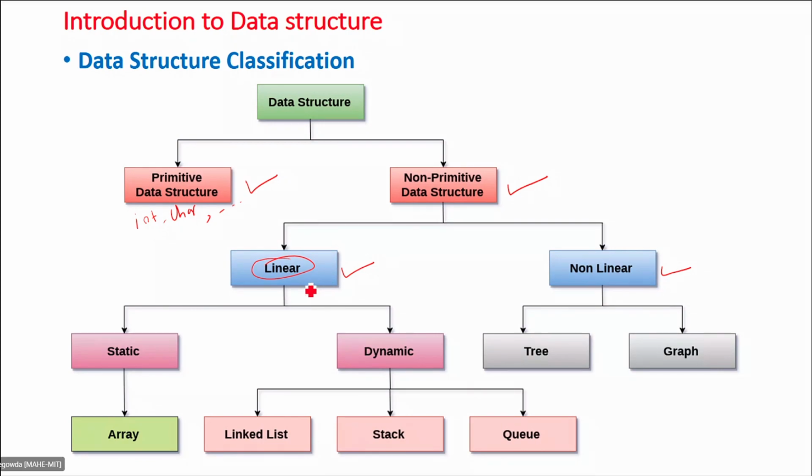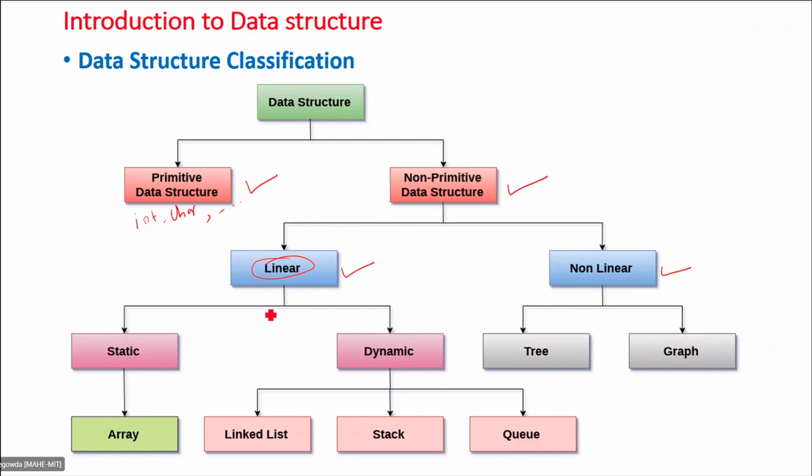That is why it is called a linear data structure. In a linear data structure, the elements are stored in a non-hierarchical way, where each element has a successor and predecessor except the first and the last elements. These things you will discuss in the linked list chapters.